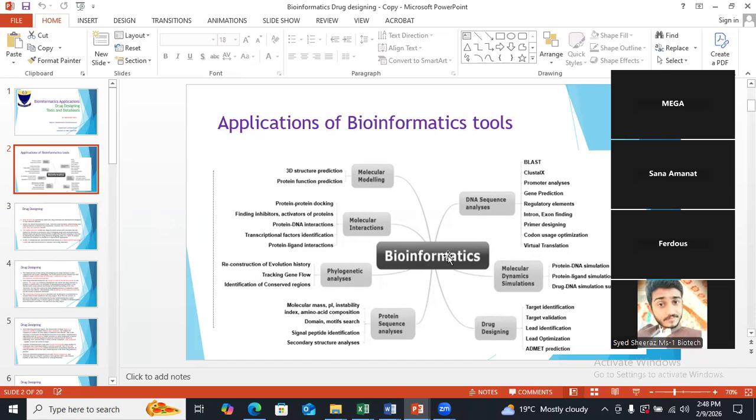So, bioinformatics helps us in DNA sequence analysis, molecular dynamics simulations, drug designing, protein sequence analysis, phylogenetic analysis, molecular interaction studies, and molecular modelings. These applications of bioinformatics can be very useful and very helpful in the field of new drug design and discovery.